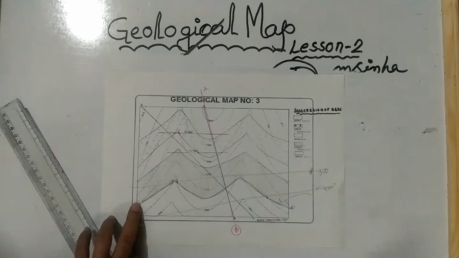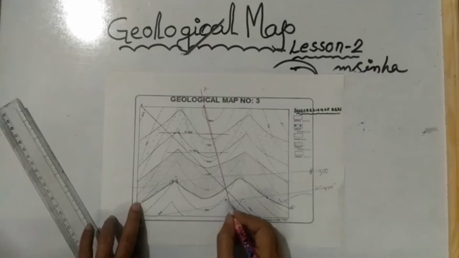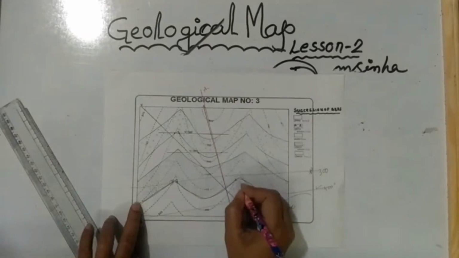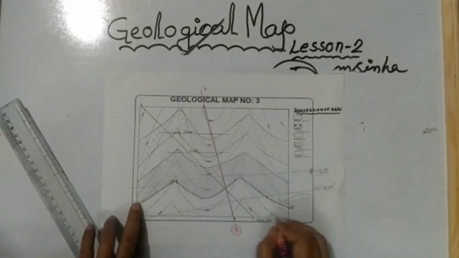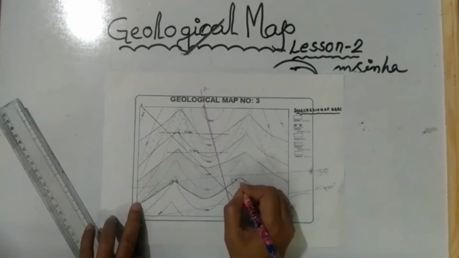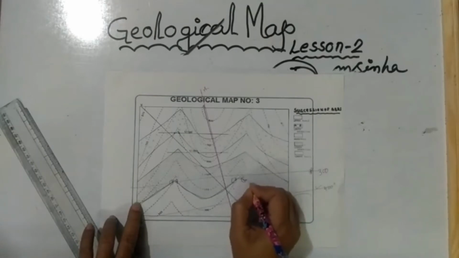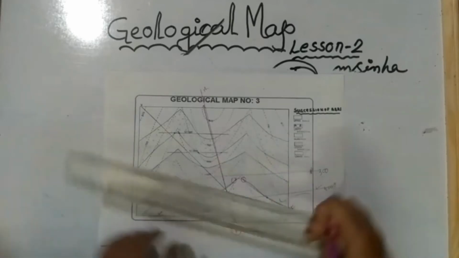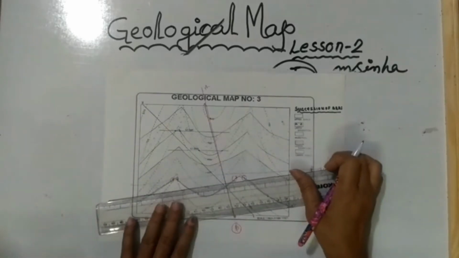If you select the lower boundary of any bed, then you have to follow the lower boundary. If a contour cuts the same boundary twice, you have to identify that point. Suppose this is the 300 contour, 300 feet, because the scale is in feet. So we have to identify that point and connect that point.